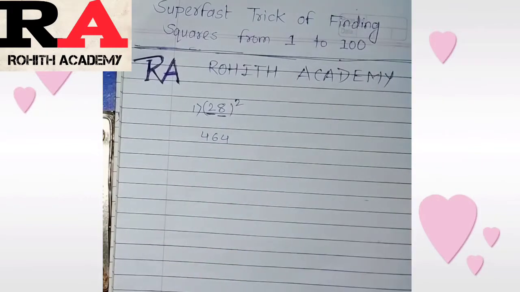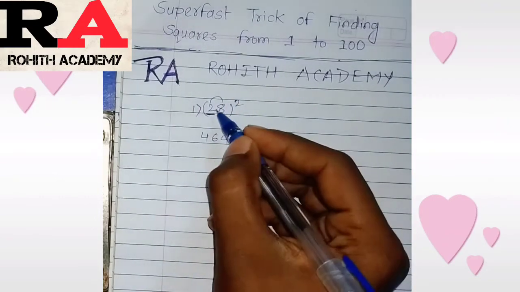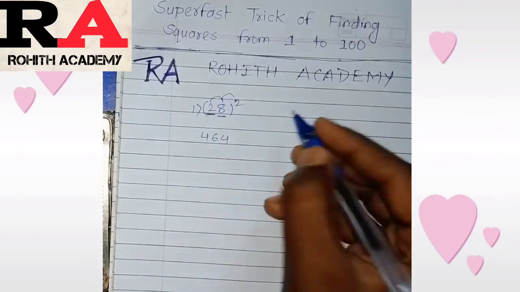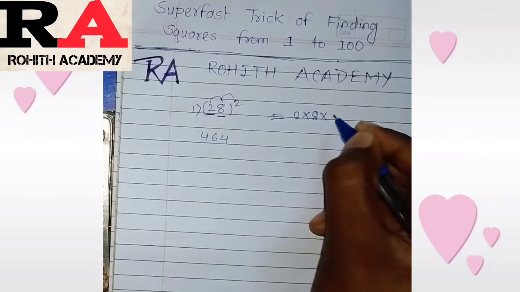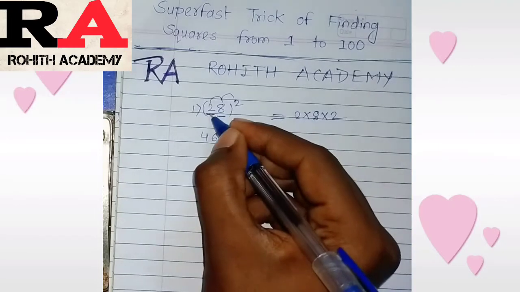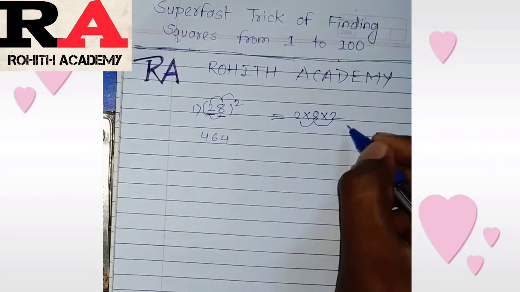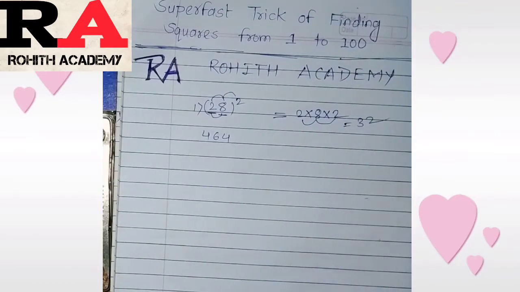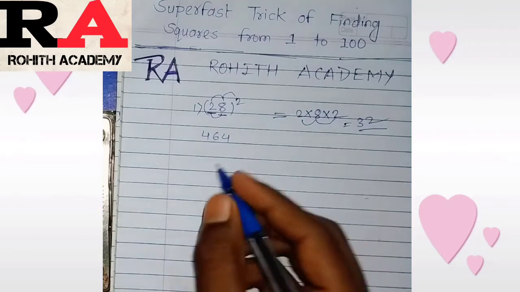Step 3 is to multiply these three numbers, 2 into 8 into 2. 2 eights are 16, and 16 twos are 32. Our answer is 32.